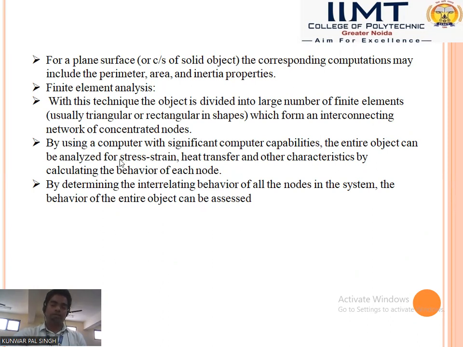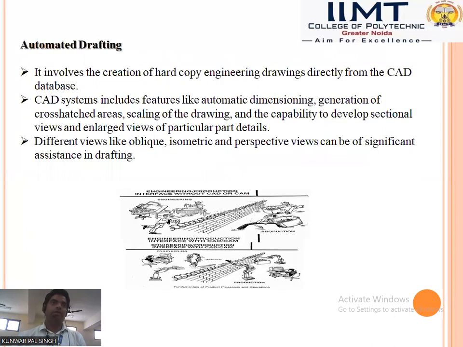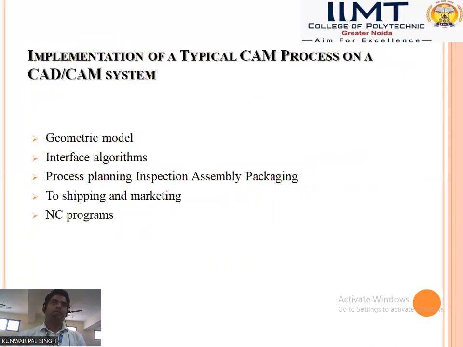The design is divided into a large number of parts, and at the nodes, all the mathematical calculations are done using a computer with significant computing capability. The entire object can be analyzed for stress, heat transfer, and other characteristics.